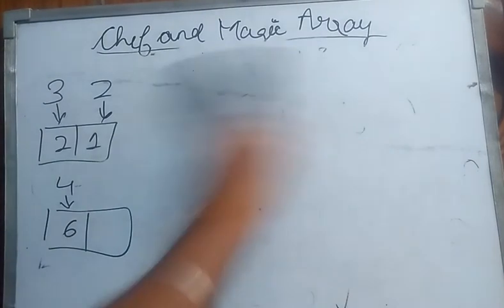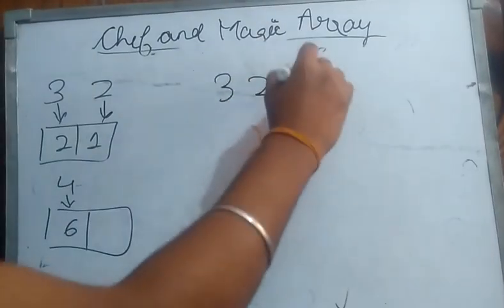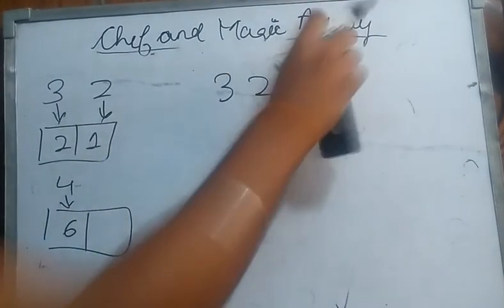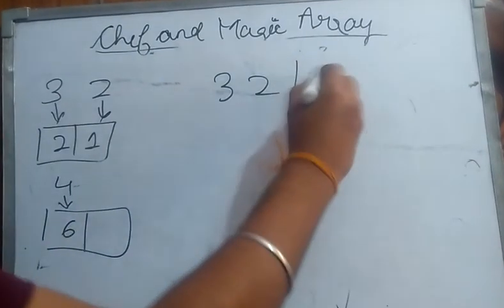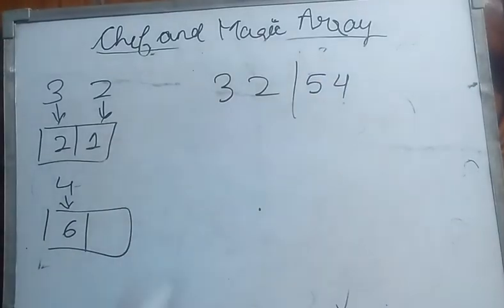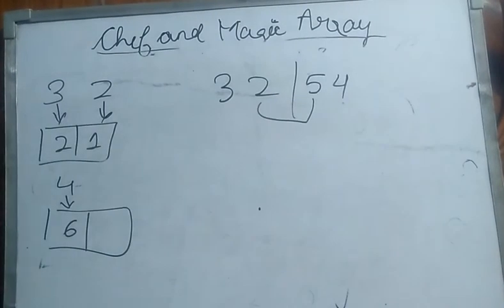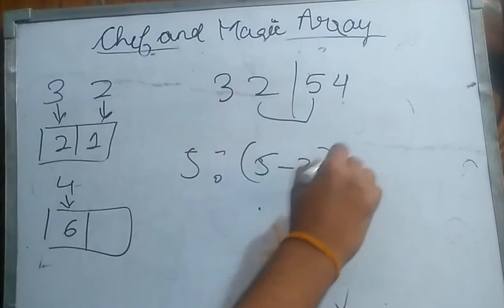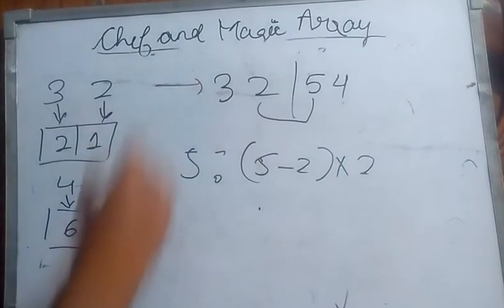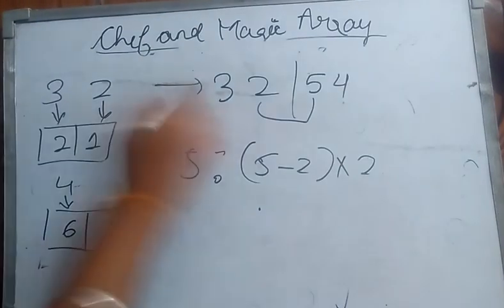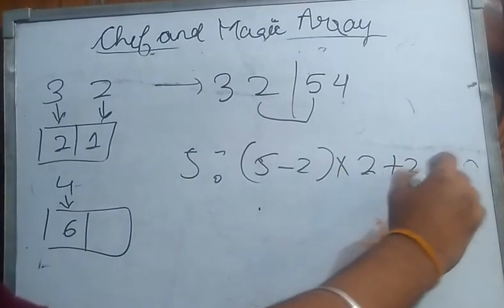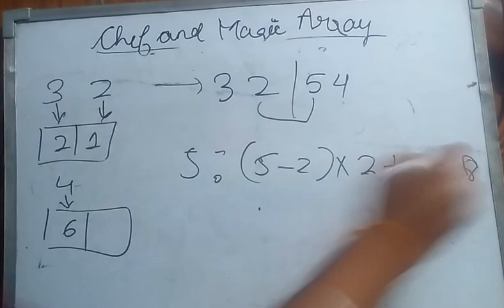Again I will repeat the same procedure for 5. 3, 2 and 4, 5. If 5 is on the left and 2 is on the right, what will be the maximum value I would have got? 5 minus 2 into 2 plus the value from the leftmost dish. The value from the leftmost dish is 2. I have already solved it. That is 5 minus 2 into 3, into 6, 8.